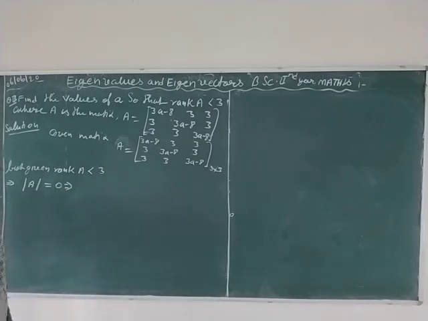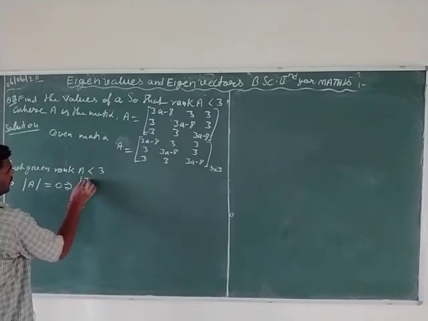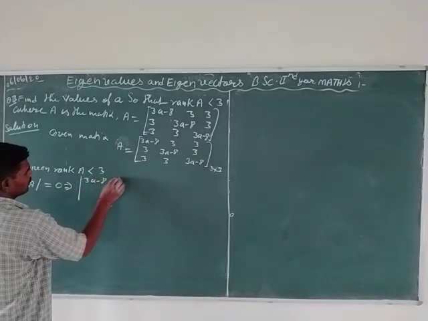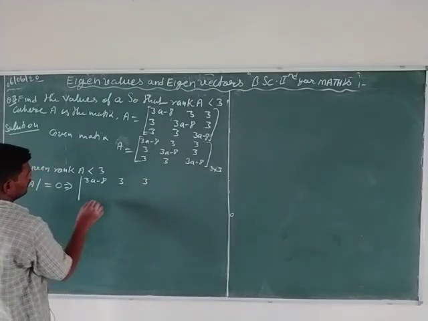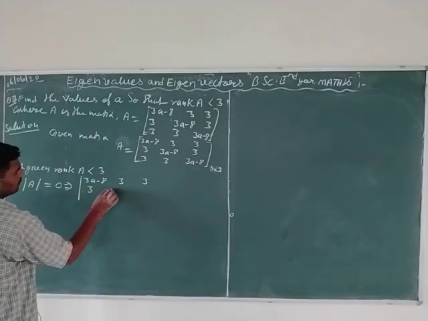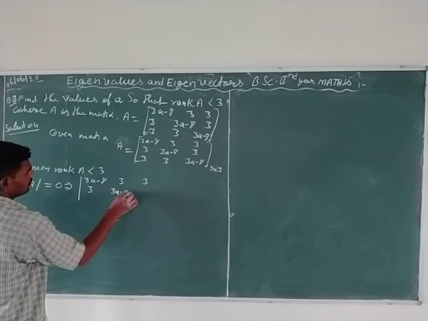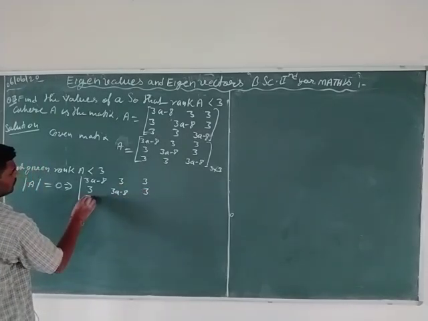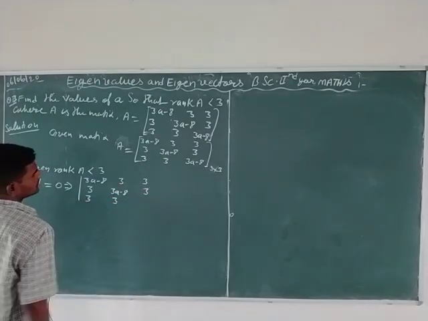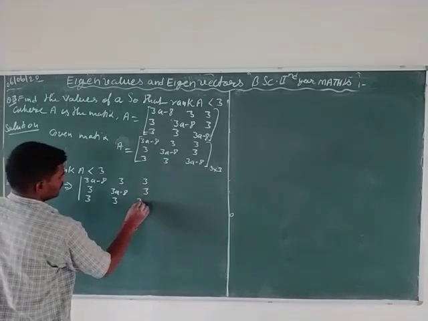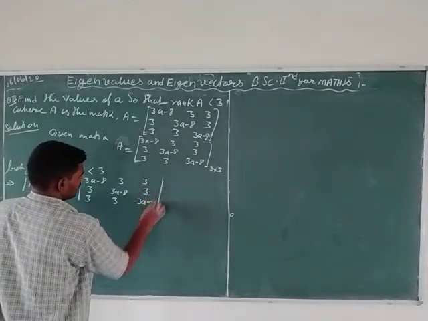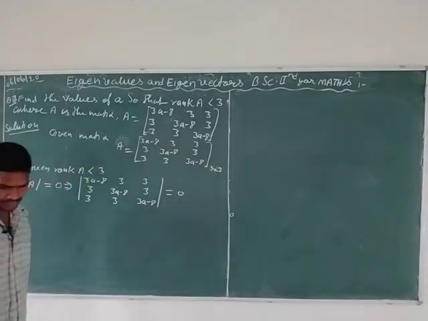Putting the value of A: 3a minus 8, 3, 3; 3, 3a minus 8, 3; 3, 3, 3a minus 8 is equal to 0.